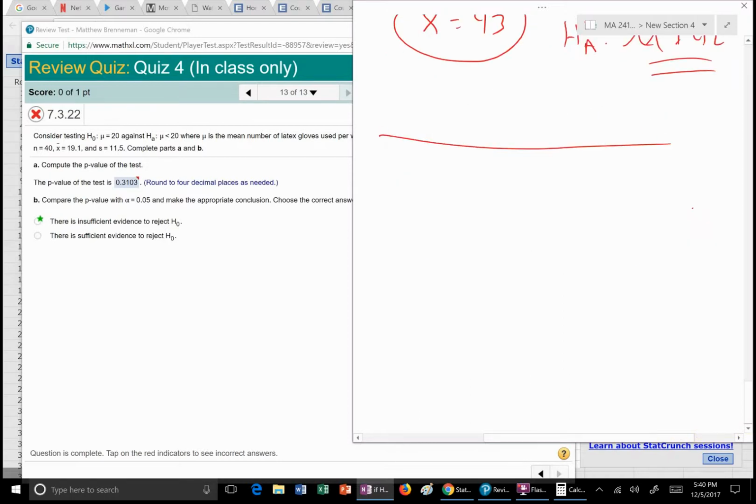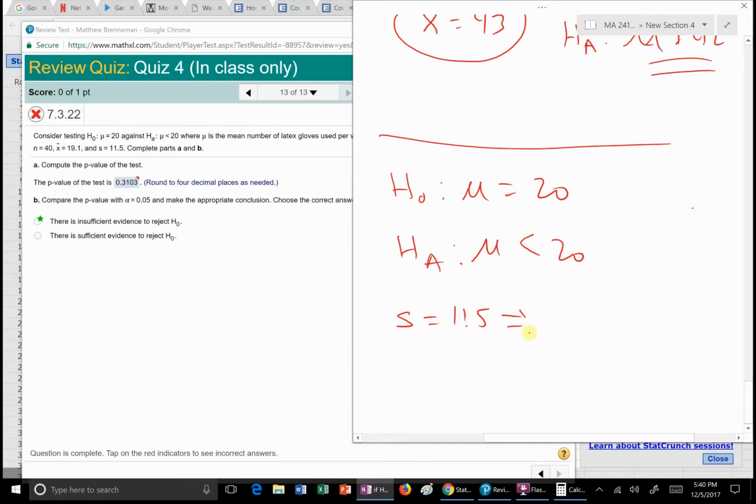Okay. So our test is that the null is that it's 20 and the alternative is that it's less than 20. And so we're using the fact that s is equal to 11.5.